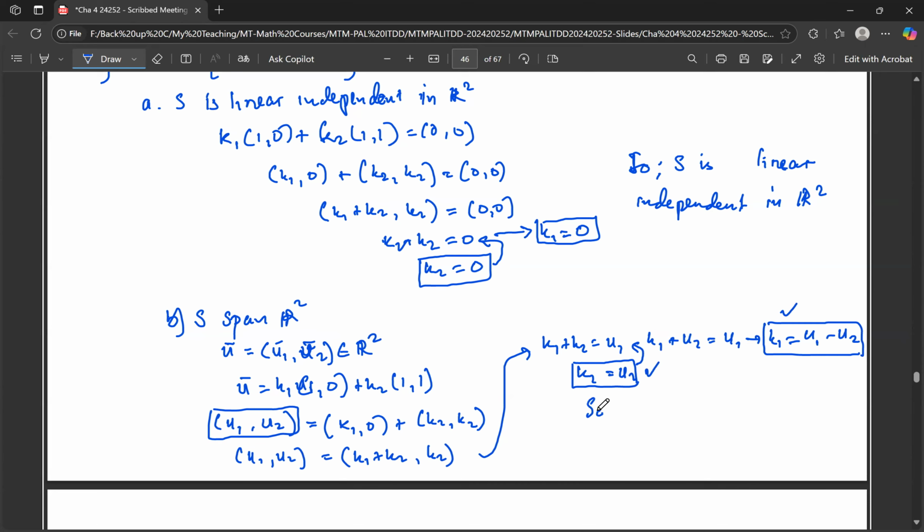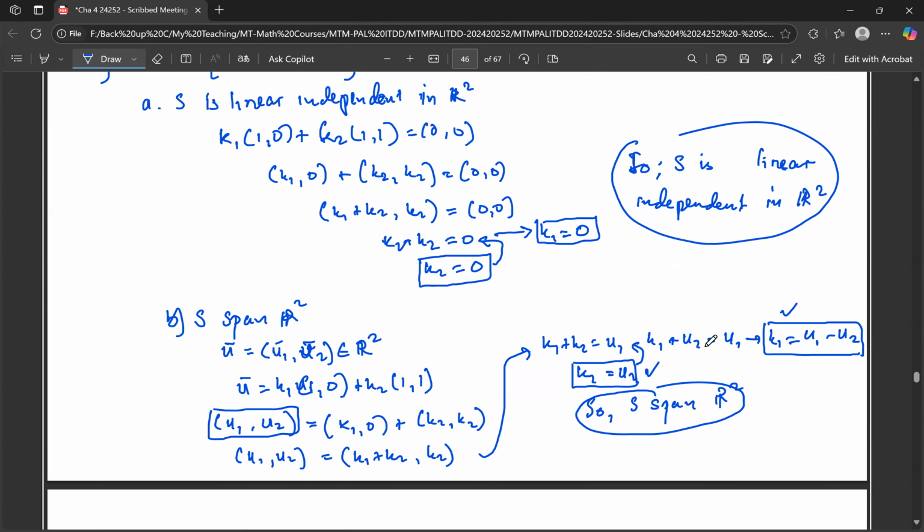So we conclude that S spans R2, and by combination of these two conclusions, we have the final conclusion: S is a basis of R2.